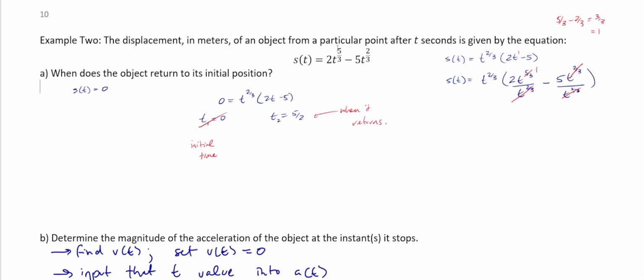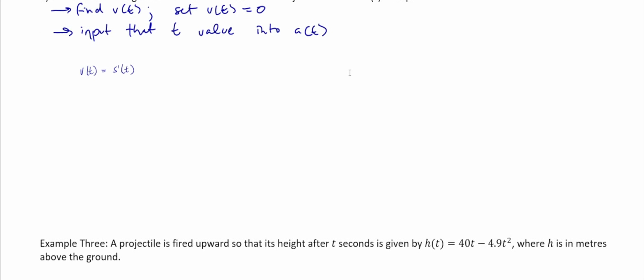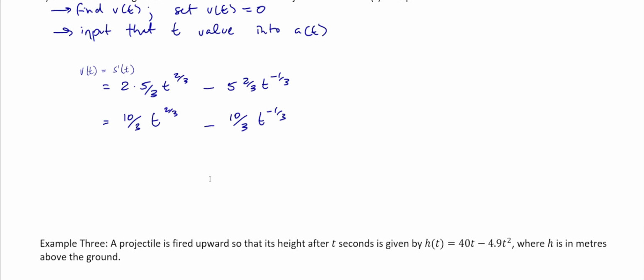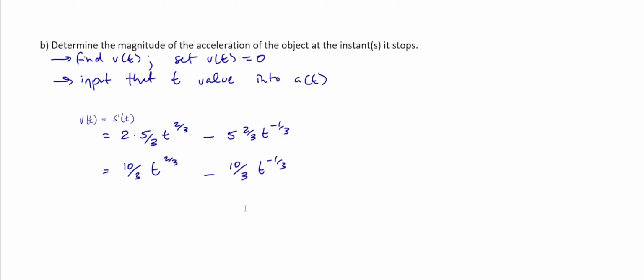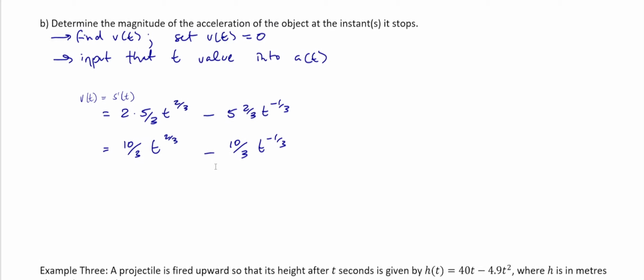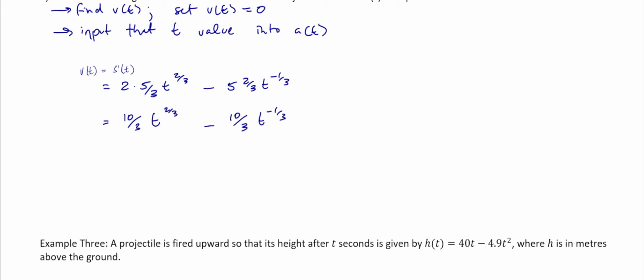Yeah, we can go ahead and just take the derivative of this function to get our velocity function. Okay, here it is. I brought the exponents down and subtracted by 1, so I used the power rules, and then I cleaned it up a little bit.